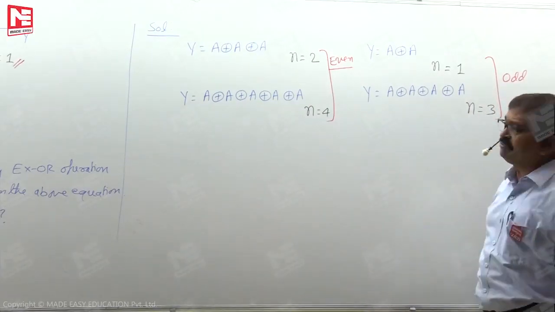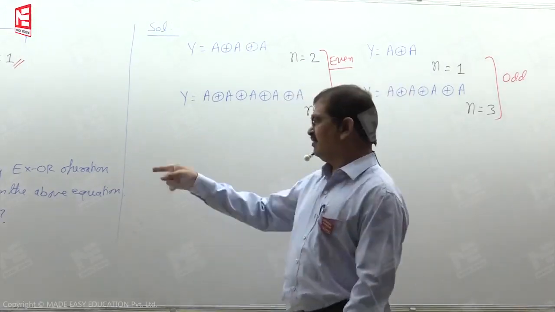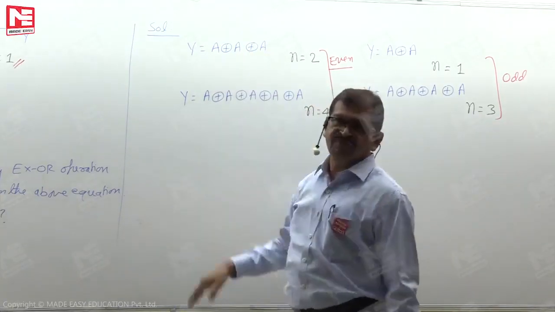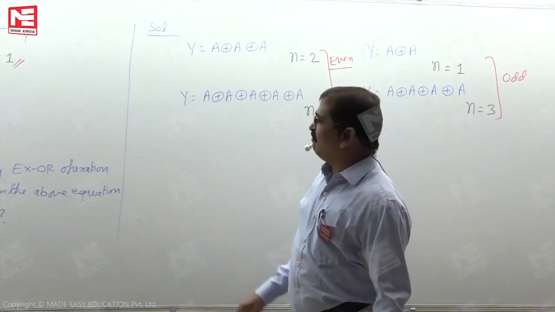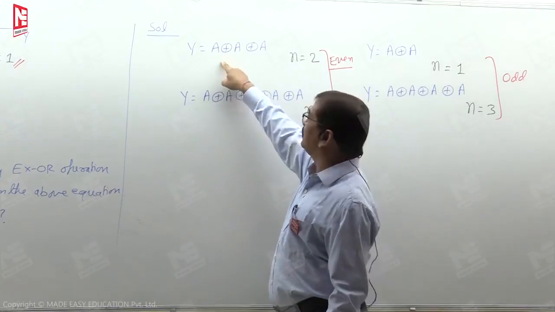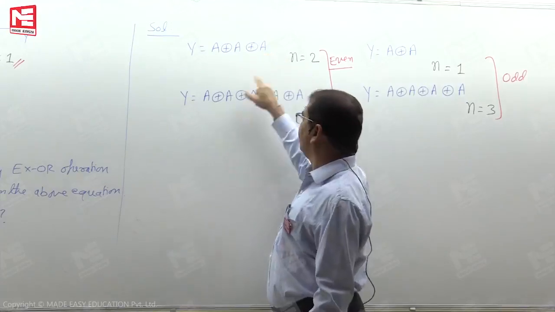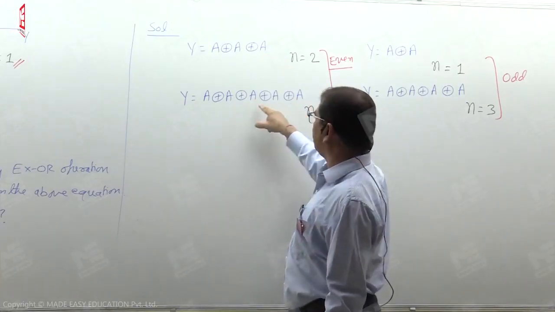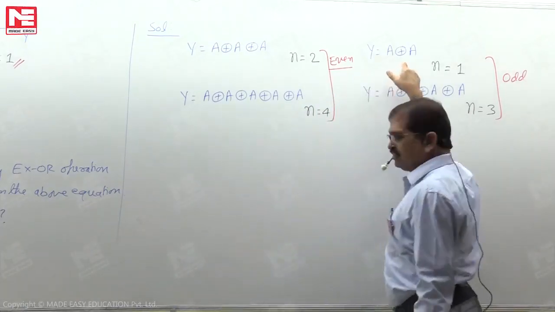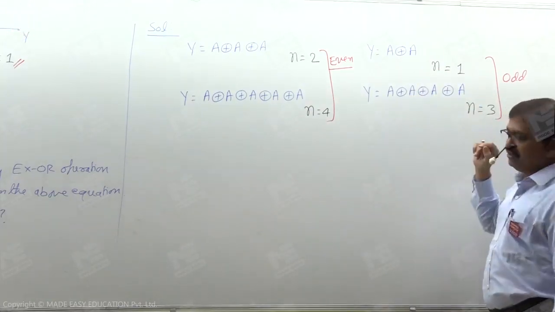The statement of the question says the variable A is having XOR operation with itself n number of times. Whenever n is even, in this case the operator is repeating 2 times. Here the operator is repeating 4 times, so n is 4. Coming to this, the operator is present only a single time, so 1. Operator present 3 times, so it is 3.